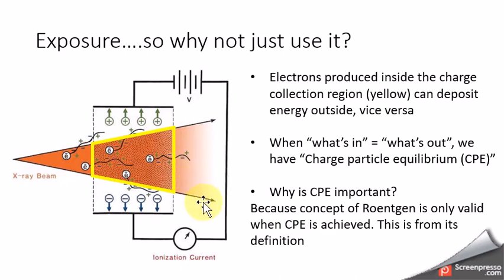So in order to measure the exposure, we need to have charged particle equilibrium, CPE. Basically it means what's generated inside equals what's generated outside. And why is CPE important? Because the concept of Röntgen is only valid when CPE is achieved, and this is from its definition.